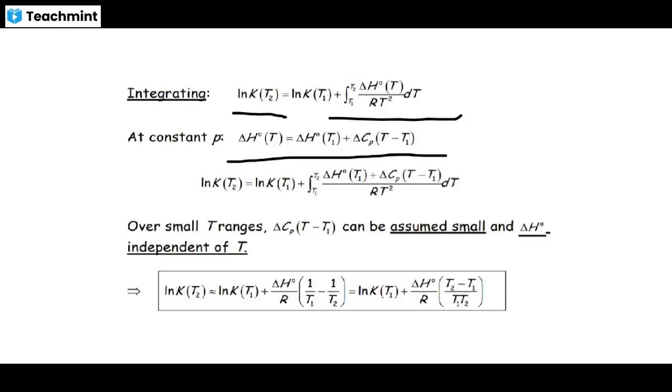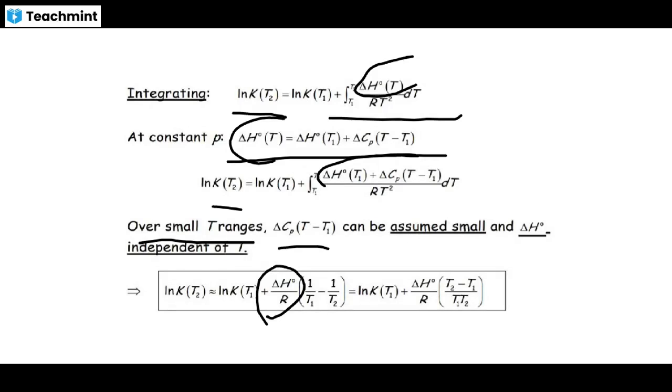So then substitute for delta H(T) this equation. For a small range, these can be assumed to be small and delta H be independent of temperature. So then you can take delta H by RT outside, over a small temperature range.